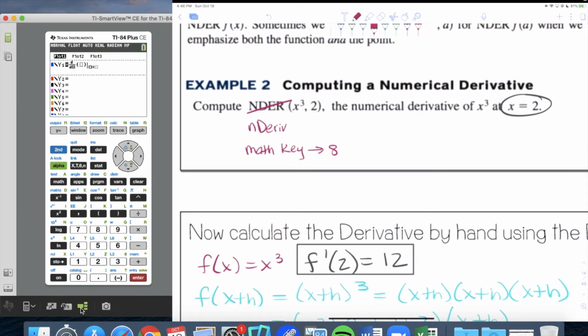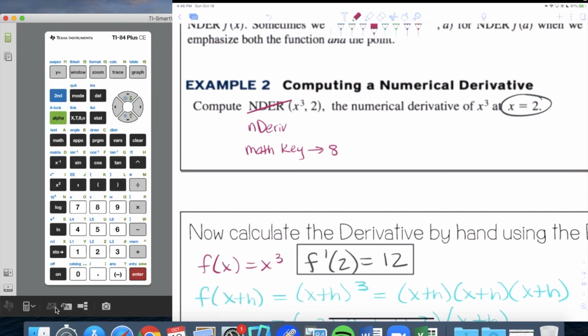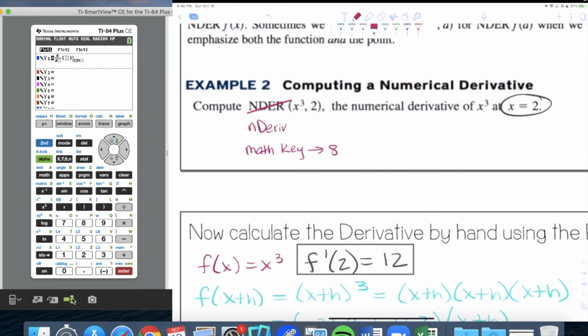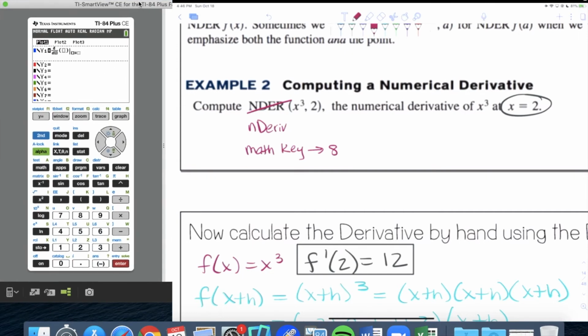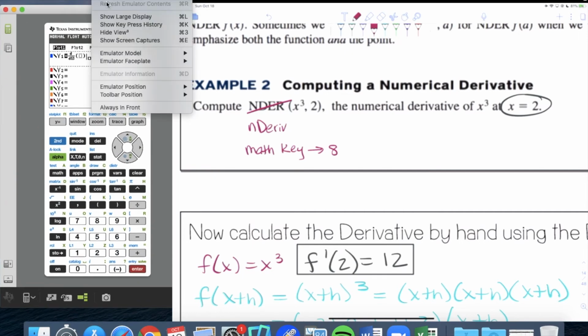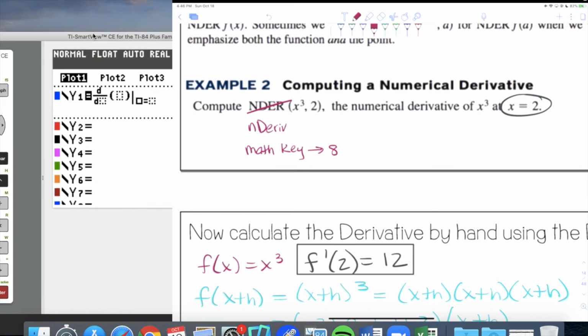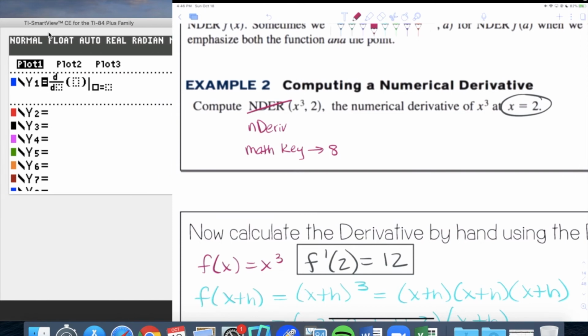What I'm going to type in here is x, because I'm deriving with respect to x. And then here I'm going to type in my function, which is x cubed. I'm not going to derive it.